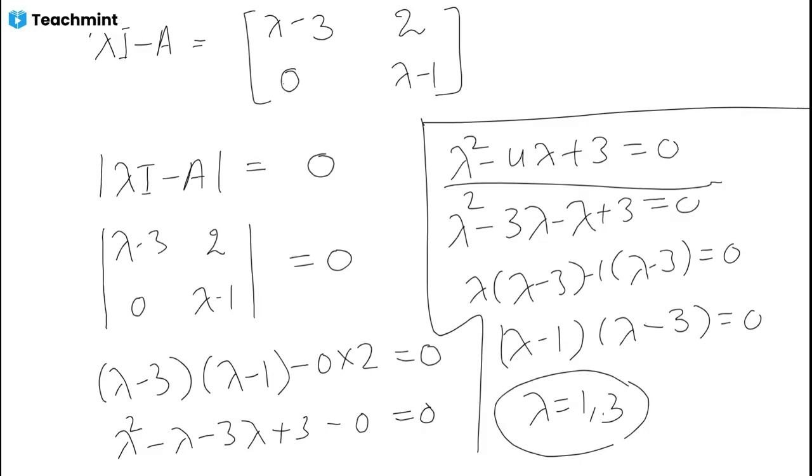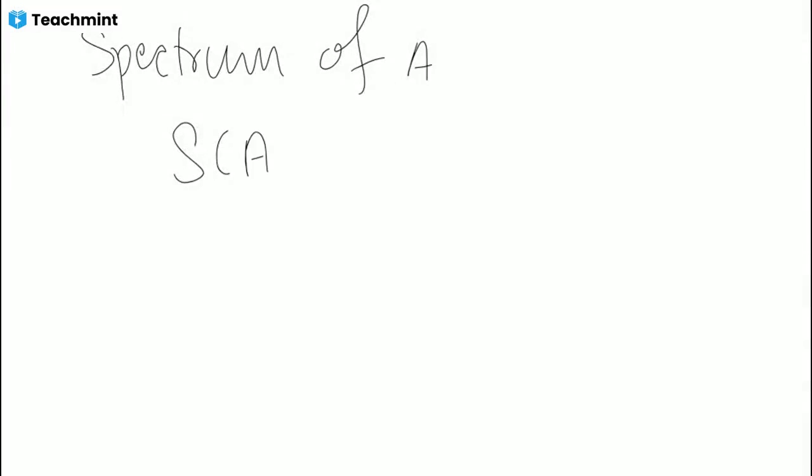Multiplicity of them means the GCD of 1 and 3, which is obviously one. The spectrum of A can be written as having the whole eigenvalues, which are 1 and 3.